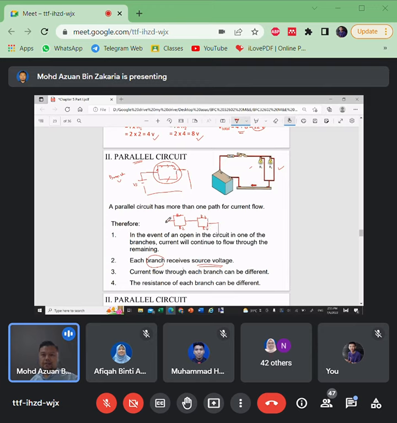So each branch receives source voltage. For example, voltage source is 12, so here will also be 12 voltage, here will also be 12 voltage.